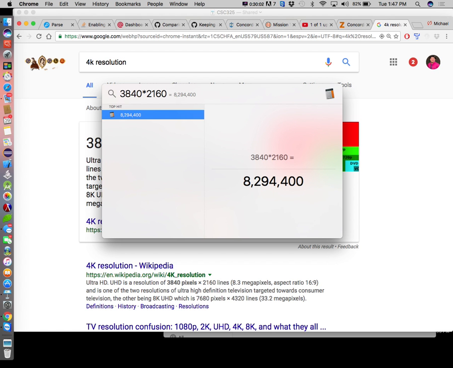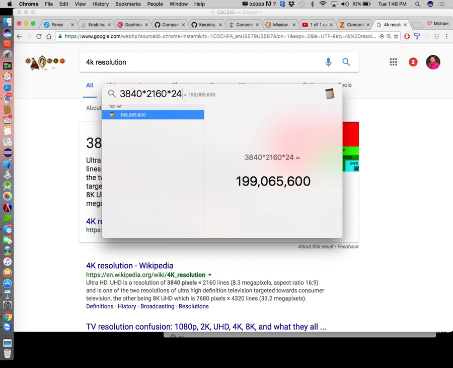Now, each of those pixels is going to have some color associated with it. Okay? And let's just say that the color is 24-bit color. Is that pretty standard now for games, you think? 24 bits? Okay. So that means a static picture, full 4K, is 199,065,600 bits of data.